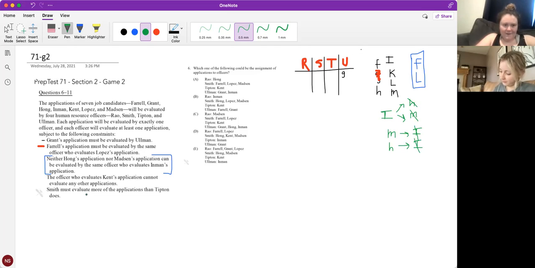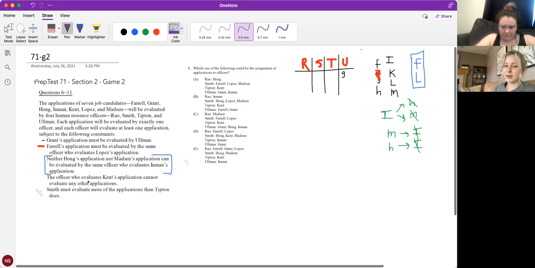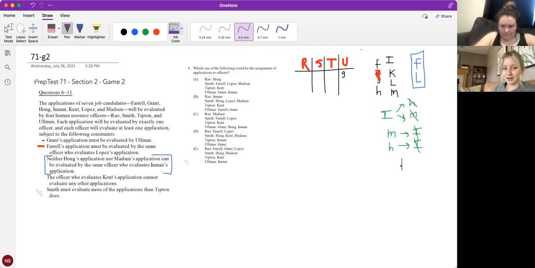Awesome. All right, so then what about the next rule? The officer who evaluates Kent's application cannot evaluate any other applications. So that means there's only going to be one letter. K, you are on your own. And where do we know that K does not go?